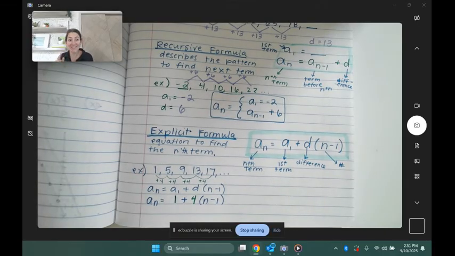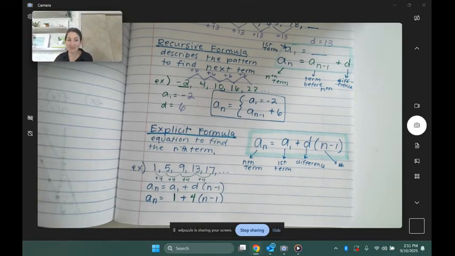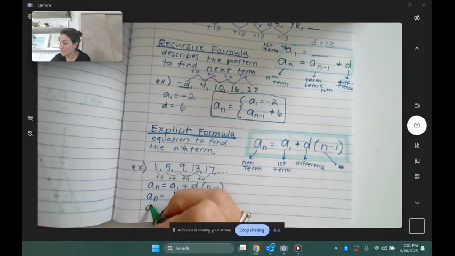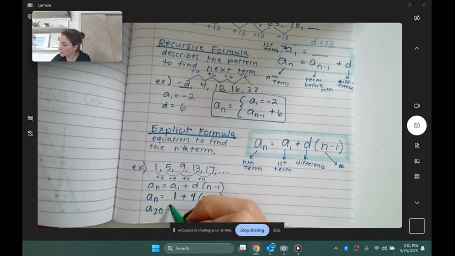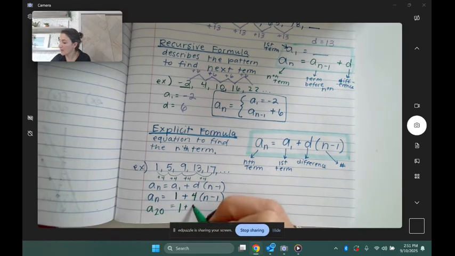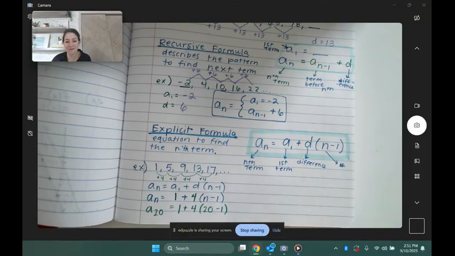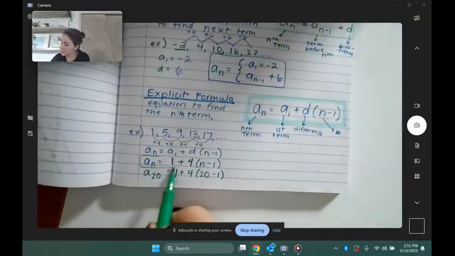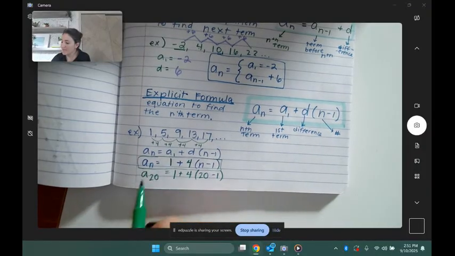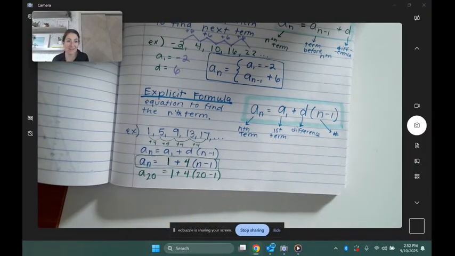And then if I said to you, find for me the 20th term, all we're going to do here is plug in 20 for n. So this is your explicit formula, you're done. But then if I said, find the 20th term, you'd just plug in a 20.